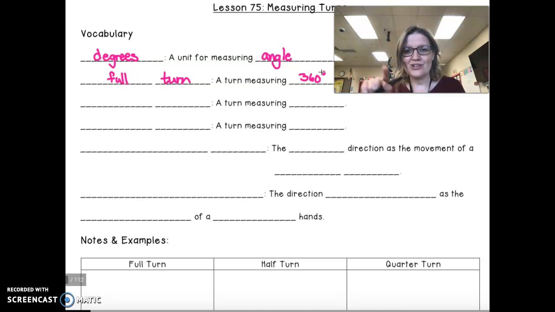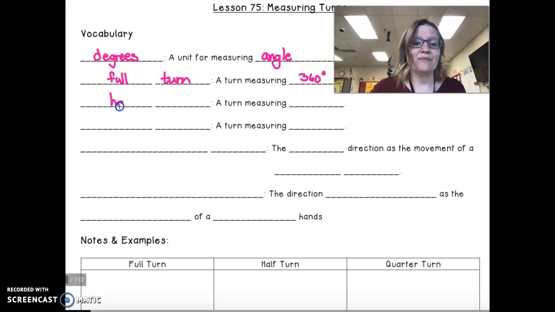So a full turn. Now a full turn of a clock is 360 degrees. If the hour hand goes around, or if you go all the way around, 360 degrees.